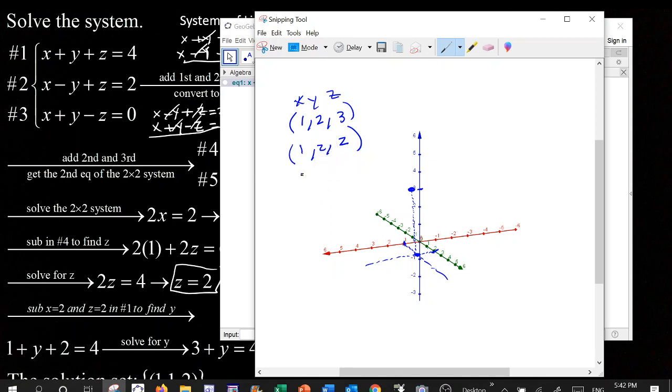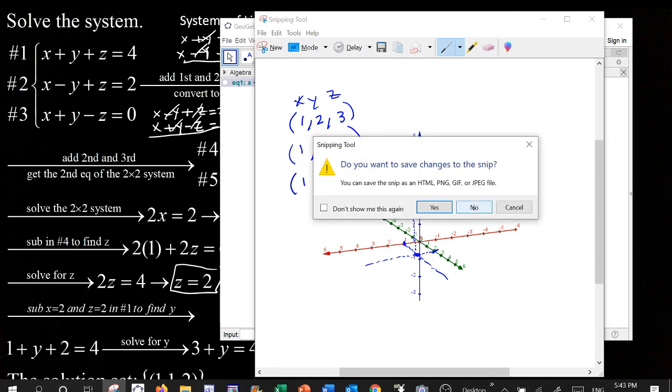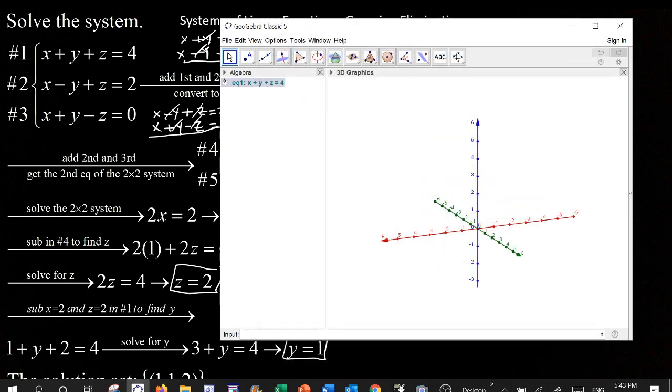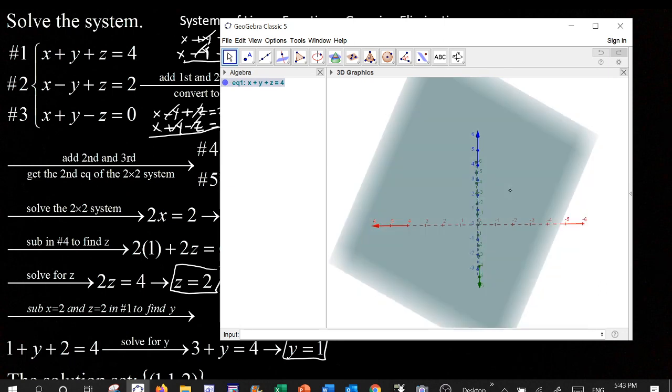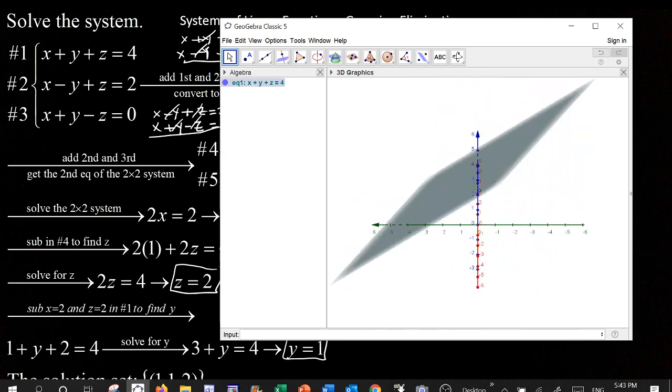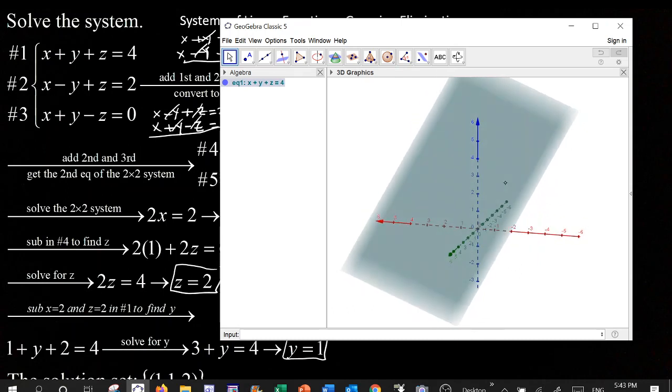That's not going to work. What about 1, 1, and 2? Yes, that one will be on this plane. So the shape that you see here, this right here is actually what? The connection of all the points that satisfy that equation.